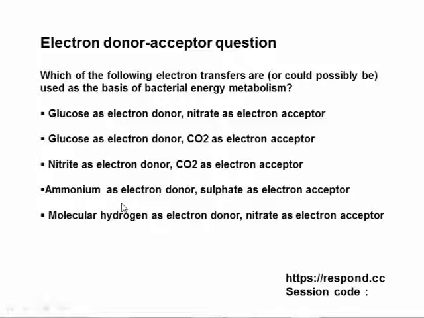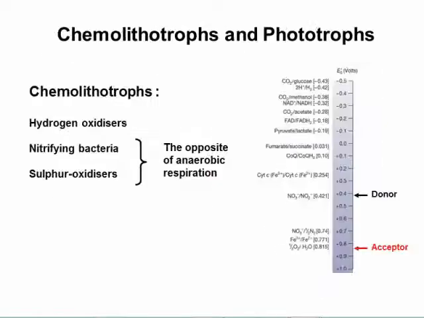So we're saying that in this reaction, the electrons are going to go from ammonium to sulfate. What's the opposite reaction? Sulfide to nitrate. That's if it's going the other way around. One of these is going to work, one of them is not going to work. Which way round does it go? Which one is the better electron acceptor, sulfate or nitrate?